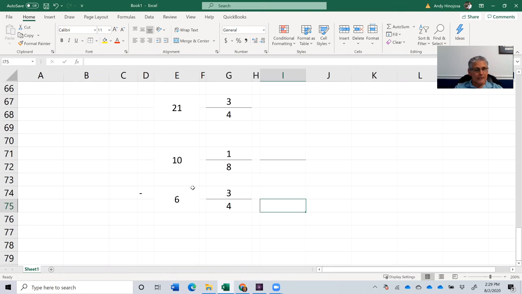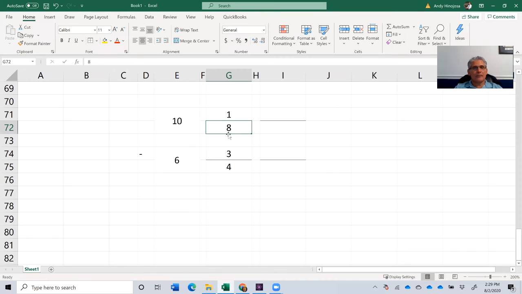We're going to treat these as independent computations, but first we know that we have to find the lowest common denominator of 8 and 4. Well, that's relatively easy. We have 8. 8 becomes our lowest common denominator. We could use the previous sections where we learned how to do this.